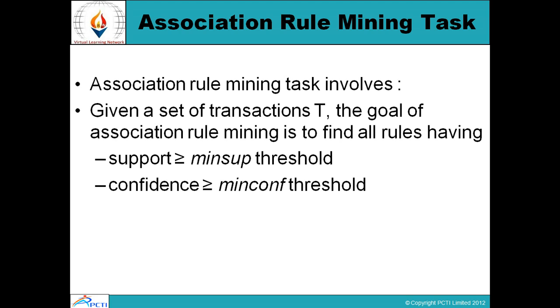Association rule mining task. It involves a given set of transactions T. The goal of association rule mining is to find all the rules having support greater than or equal to the minimum support threshold, and confidence greater than or equal to the minimum confidence threshold.